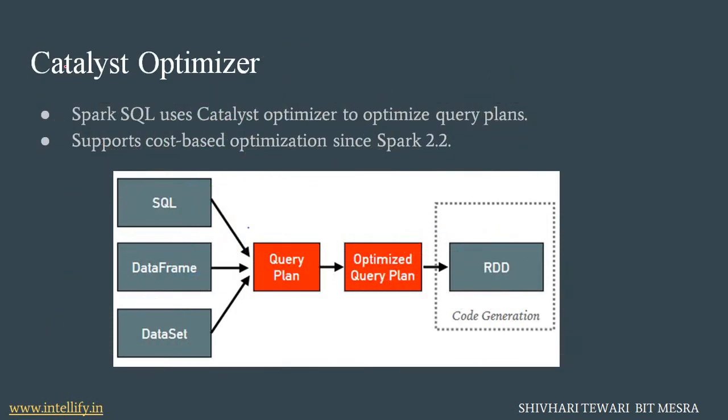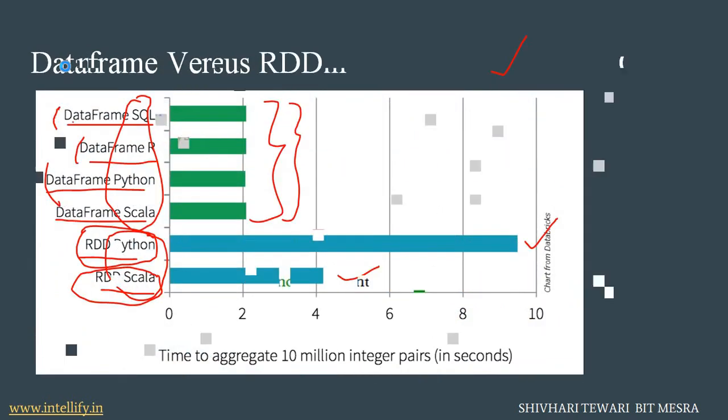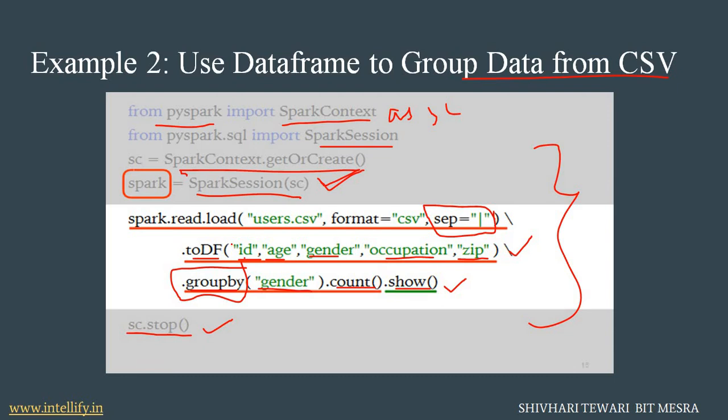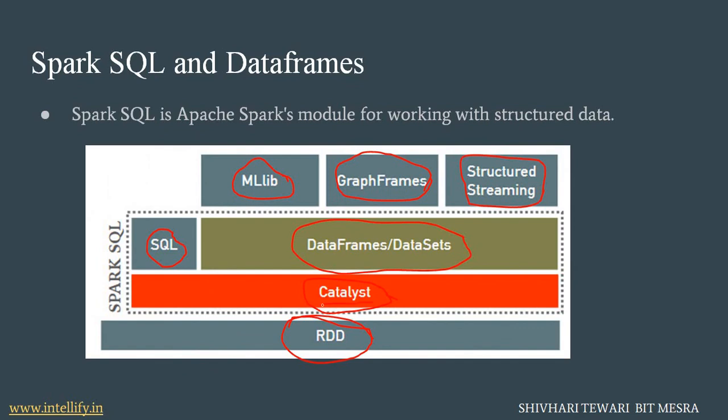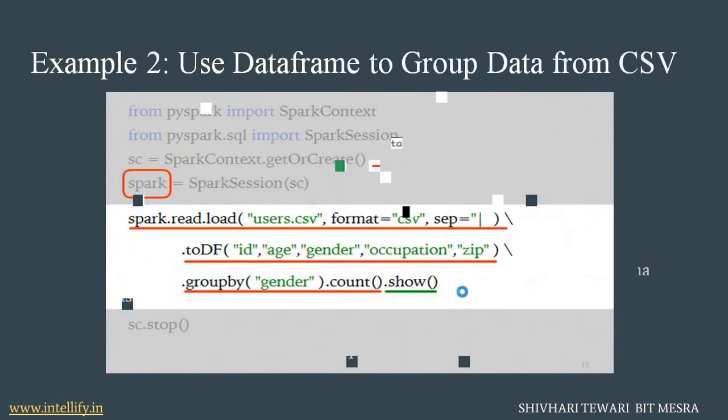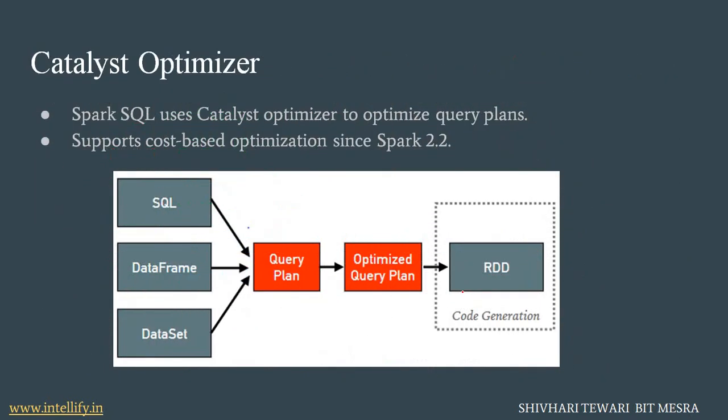Now, what is the catalyst optimizer? We all know about catalyst. We have seen in our previous code that we use catalyst. Here we use catalyst to increase the speed of our processing. Spark SQL uses the catalyst optimizer to optimize query plans.